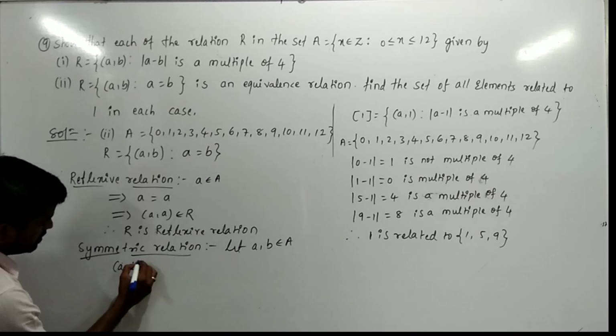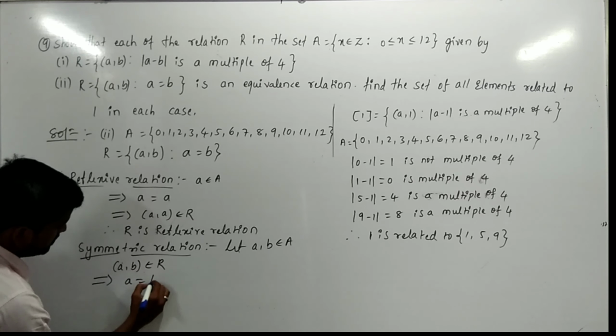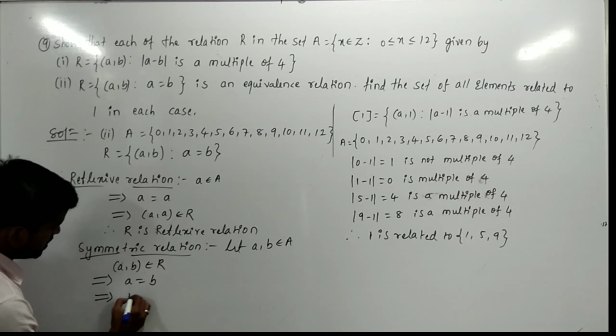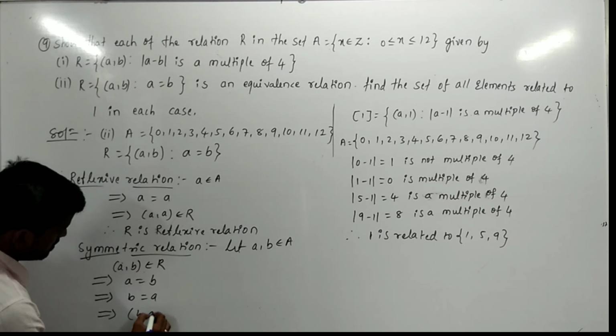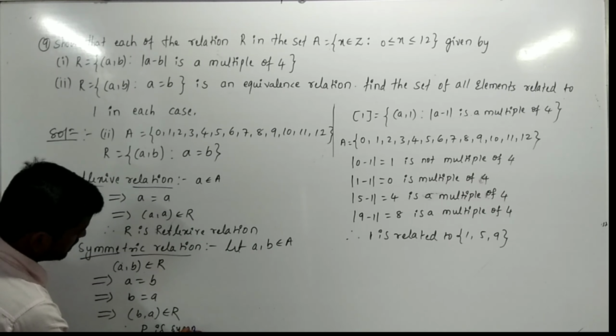A comma B belongs to R implies A equal to B implies B equal to A implies B comma A belongs to R. Therefore, R is a symmetric relation.